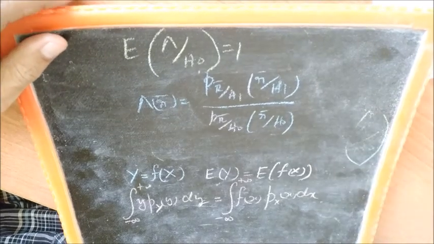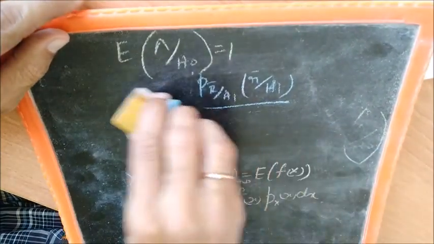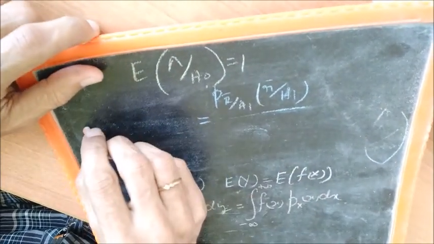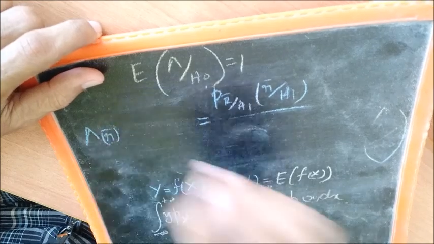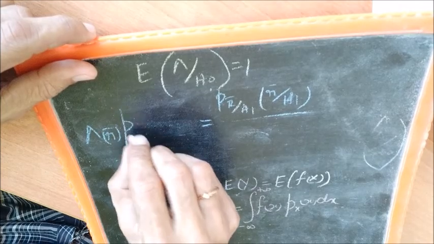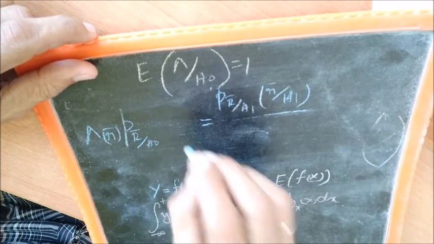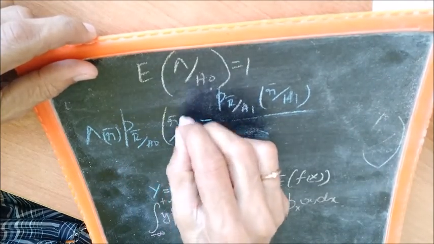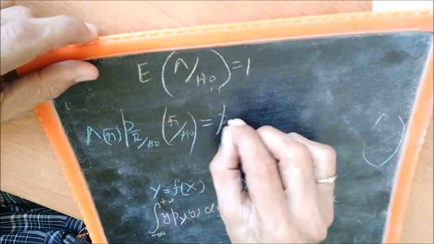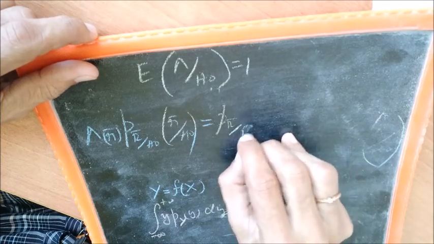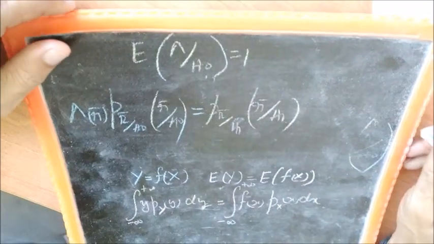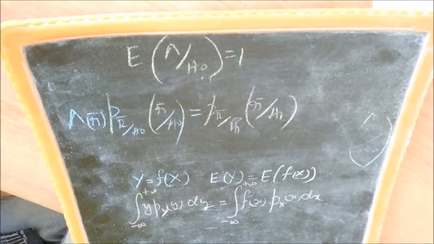Now we can rewrite this by bringing the denominator over here. We can rewrite it as capital lambda of R into p(R|H0) is equal to p(R|H1), which is a simple manipulation.